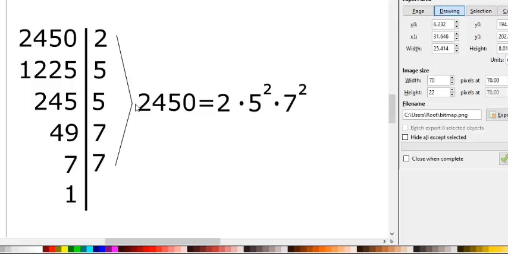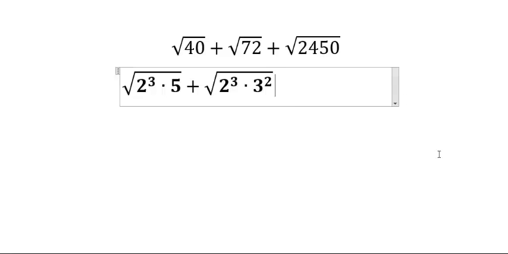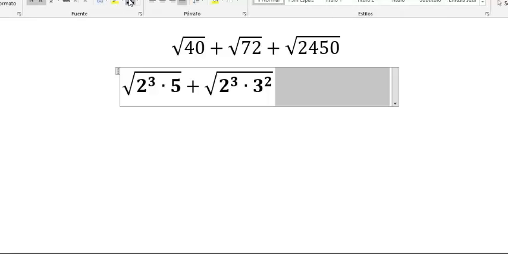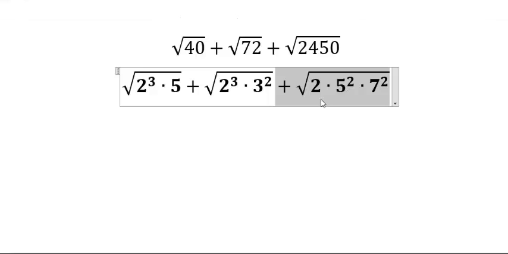So instead of 2,450, I would use these numbers multiplying by themselves. So instead of 2,450, I will put 2 times 5 squared times 7 squared.